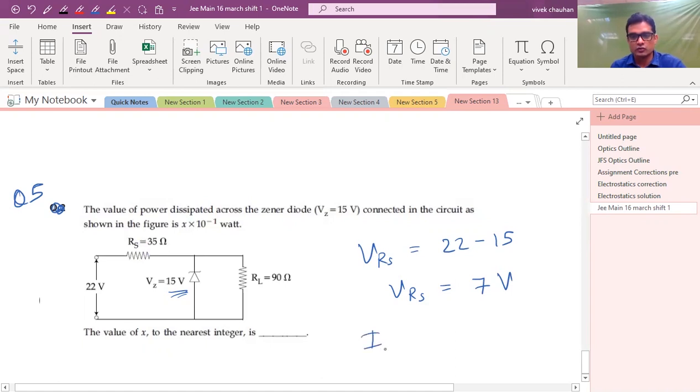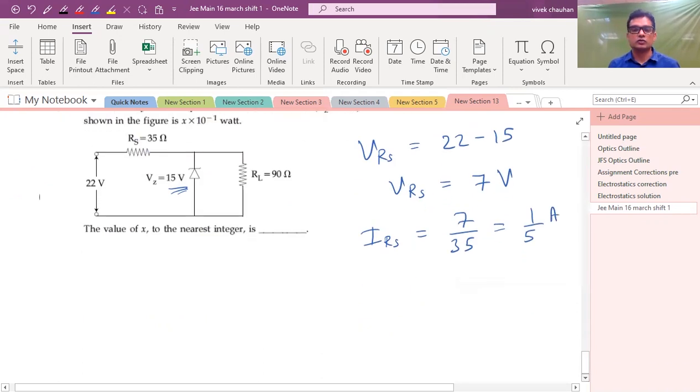So current through RS is 7 upon 35. V is equal to IR, I have applied Ohm's law. So it is coming out to be 1 by 5 ampere. And also it is given that the potential difference across the Zener diode is 15 volt. So the potential difference across this load RL, VRL, will also be equal to 15 volt, because the Zener diode is connected in parallel with RL. So in parallel the potential difference is the same.